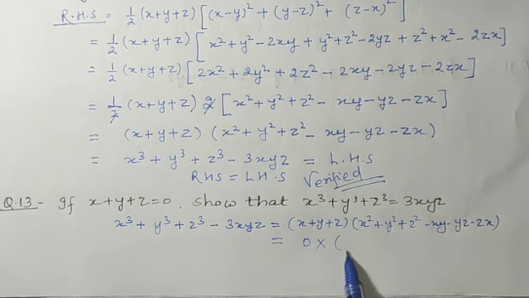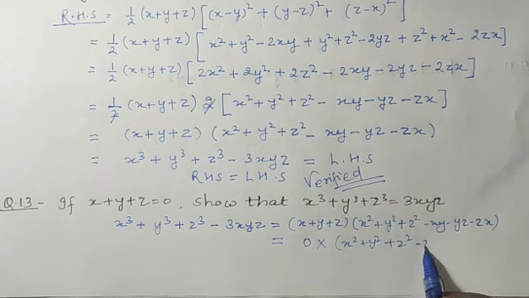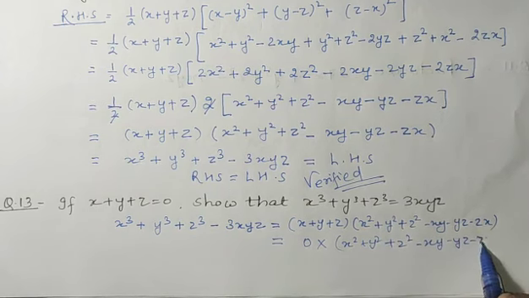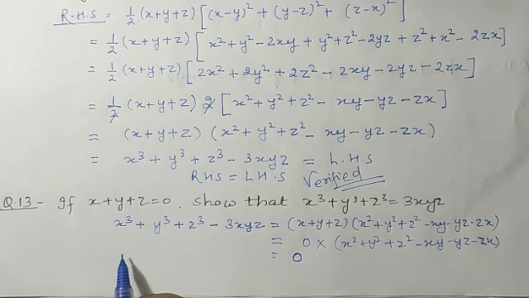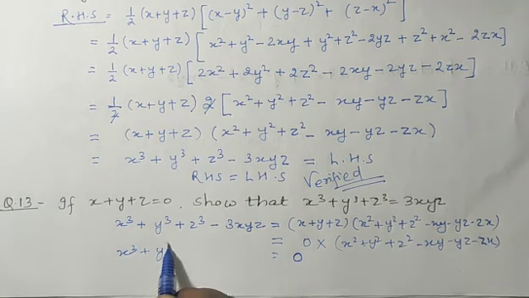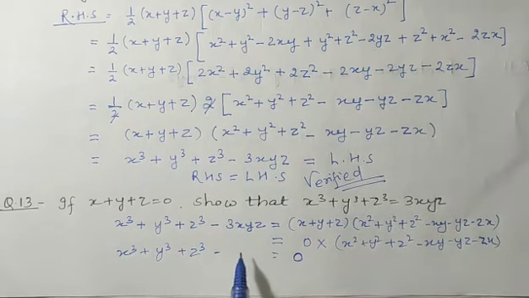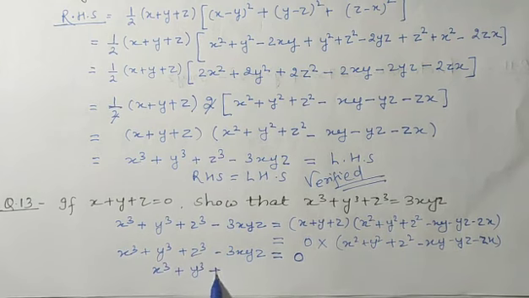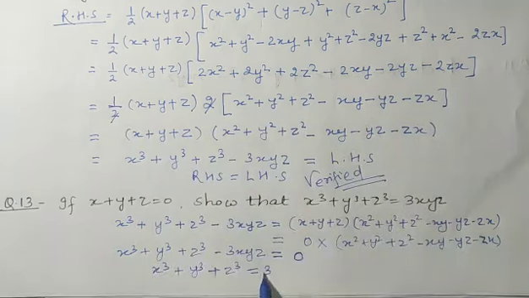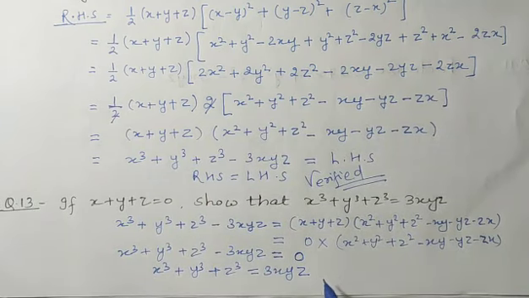So 0 into whatever is written, means x square plus y square plus z square minus xy minus yz and minus zx, the whole term will be what? 0, means x cube plus y cube plus z cube minus 3xyz is equal to 0. So it will be x cube plus y cube plus z cube is equal to 3xyz. So it is also proved here.